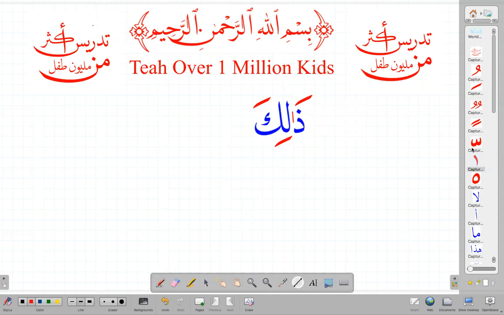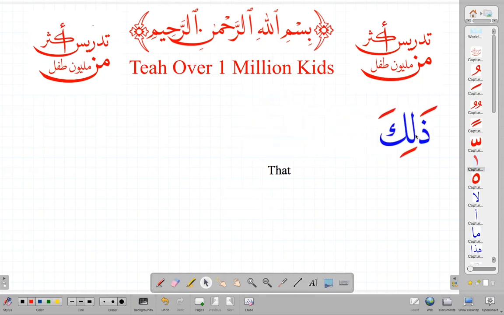We can write like this and we can write with no alif, doesn't matter. So ذلك means that. So we have ذلك in one go. ذلك as we did for هذا.